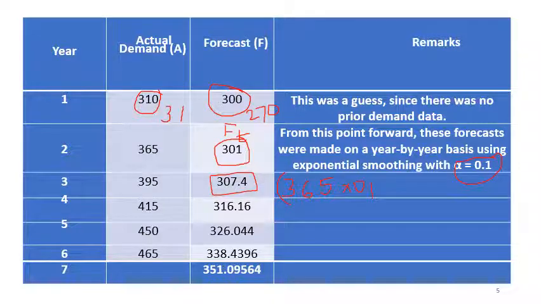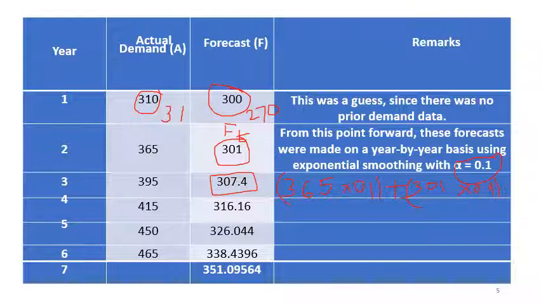plus this 301 into 0.9. So if I add these two, I get this particular value.